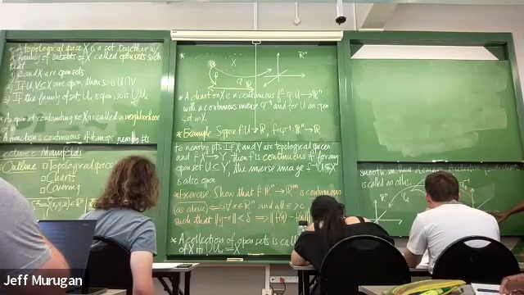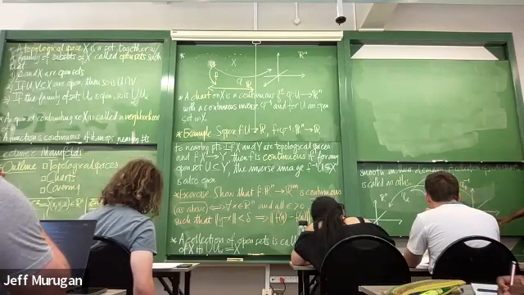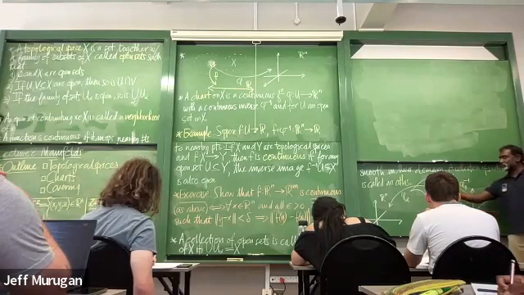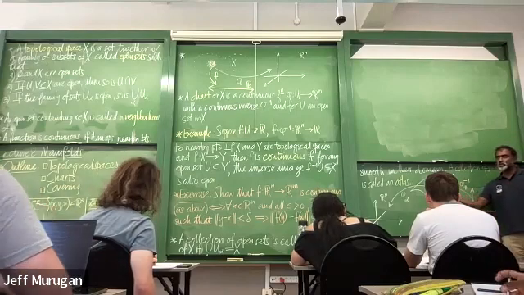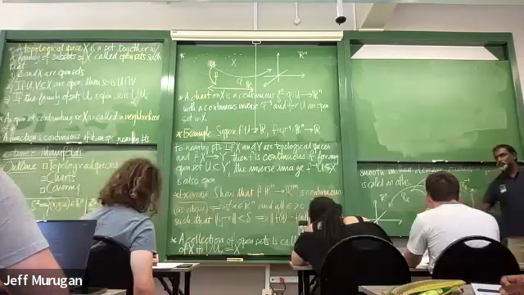And the composition, where these two overlap, in the intersection of U alpha and U beta, is the transition function that takes me between the open set U alpha and U beta. And it's defined through phi beta inverse composed with phi alpha.